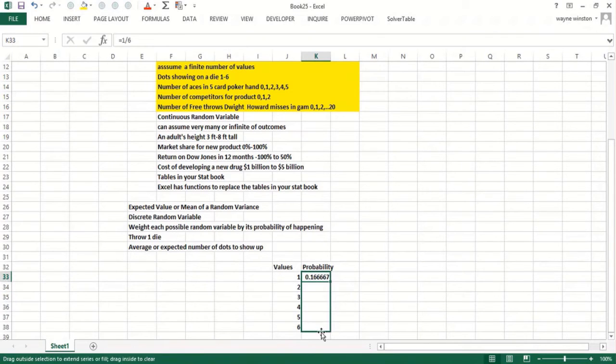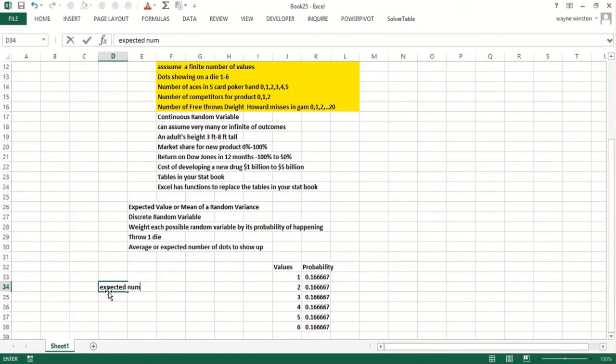Now, to get the expected number of dots, you just take 1/6 times 1 plus 1/6 times 2 plus 1/6 times 3, and we can do that with SUMPRODUCT, which we've learned about in a couple of earlier videos, and we'll use a lot more when we talk about Excel Solver. So you take these values weighted by these probabilities.